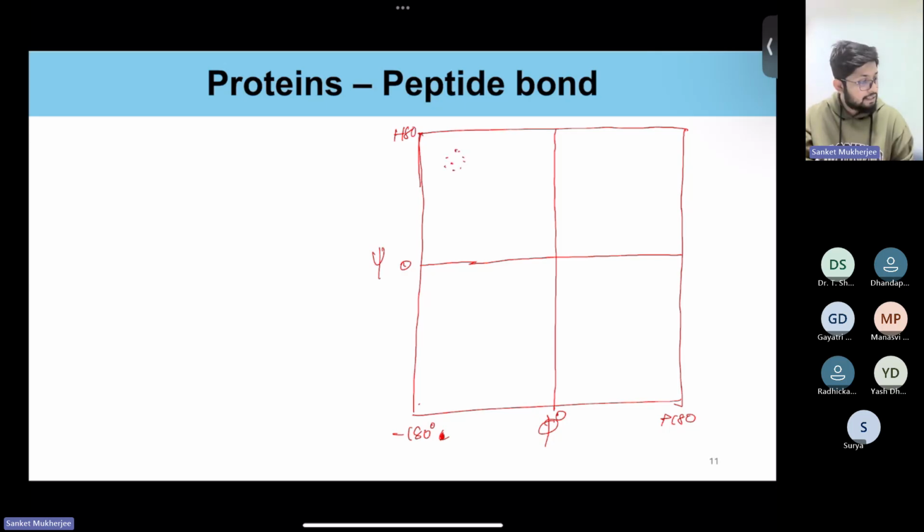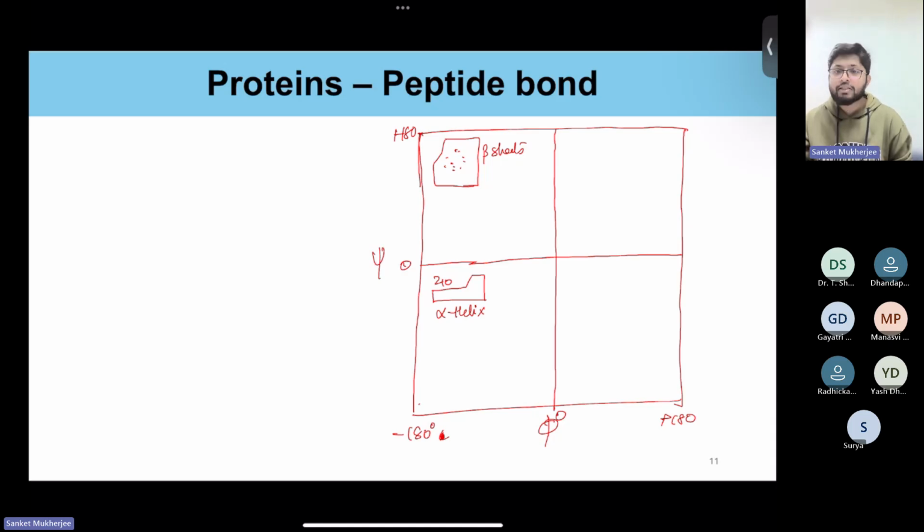So let's say in this region we usually have beta sheets. And in this region we have alpha helices. Specifically, 3-10 helix and different kinds of alpha helices will lie in different regions of this plot. And this is how we can verify the structure of a protein.